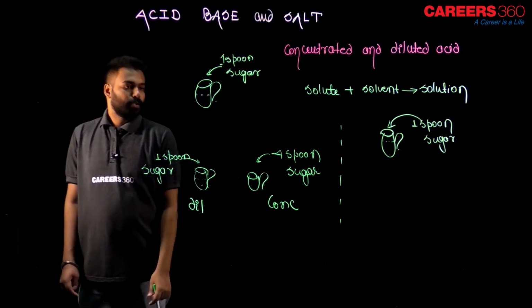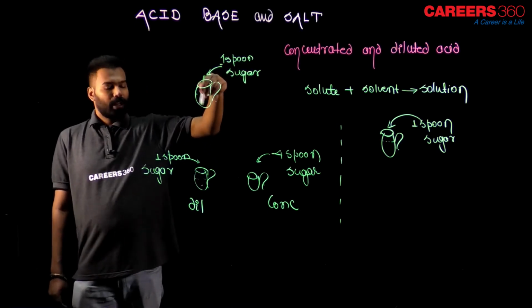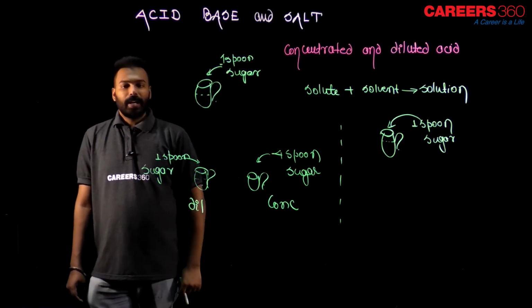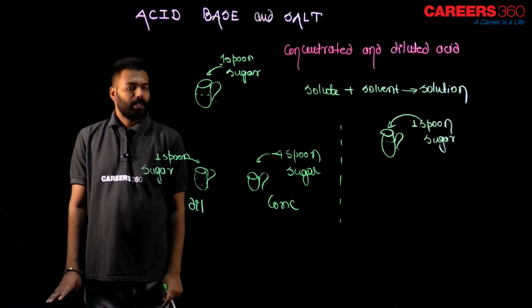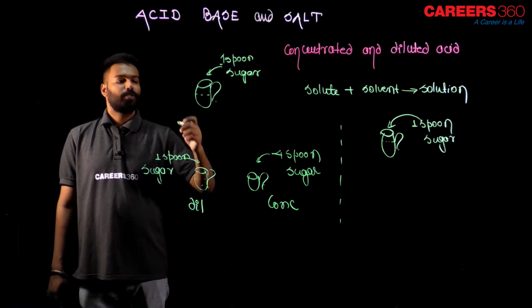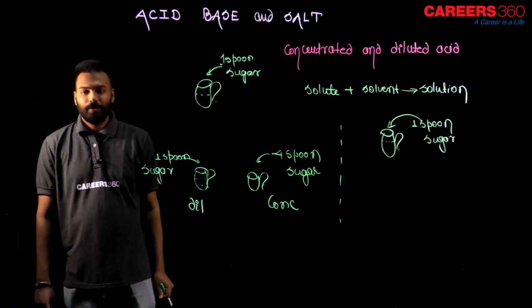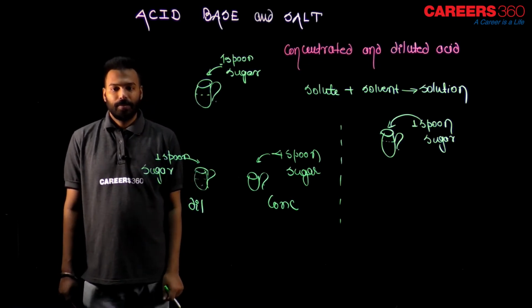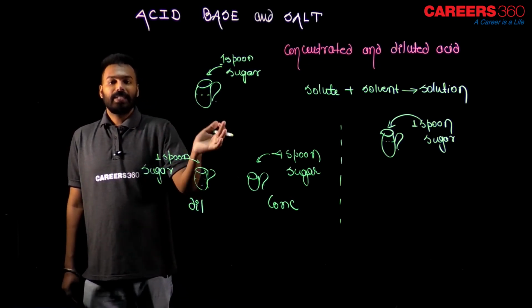Of course, I will add sugar, dissolve it, taste it, and feel sweet, correct. But I want more sweetness. So, what will I do? I will add more sugar. I will add 5-6 spoon sugar and dissolve it. What I am doing is increasing the concentration of sugar. So, this is how I increase the concentration.